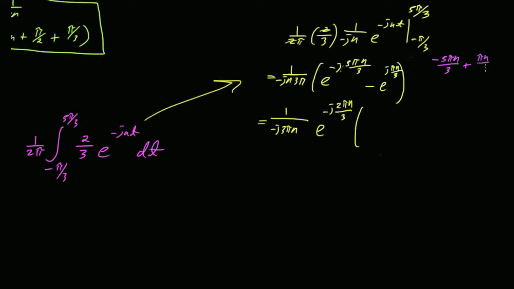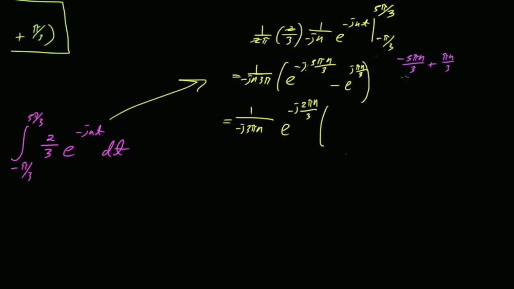Okay. So if I factor this term out of this term, what's left in the parentheses? E to the minus, it's got to be a minus, minus j 3 pi n over 3. Does that make sense? Because minus 2 pi n and minus 3 pi n give you e to the minus 5 pi n. Okay, so there's that.